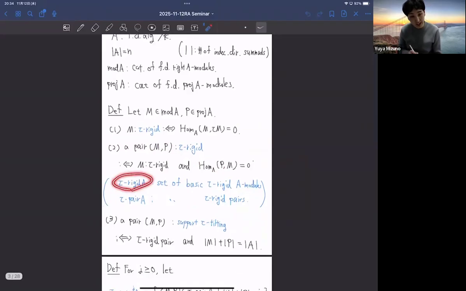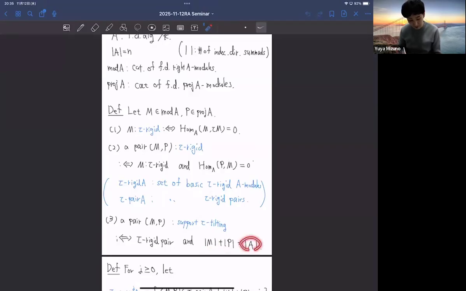And tau-rigid A denotes the set of basic tau rigid A modules, and tau-rigid pair A is the set of basic tau rigid pairs. It's better to write tau rigid pair, but for simplicity, let me write tau pair A. And we call a pair support tau tilting if it is a tau rigid pair and satisfies this condition. Namely, the number of indecomposable direct summands of M plus P equals n.